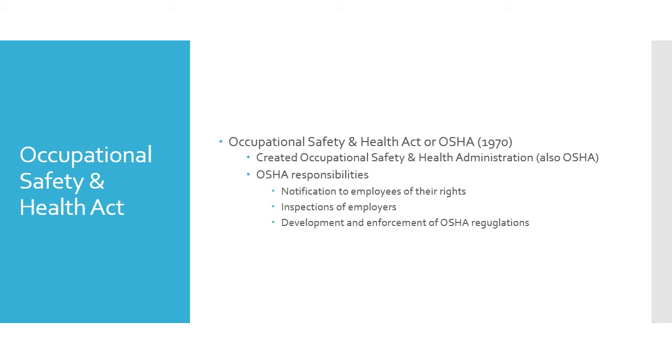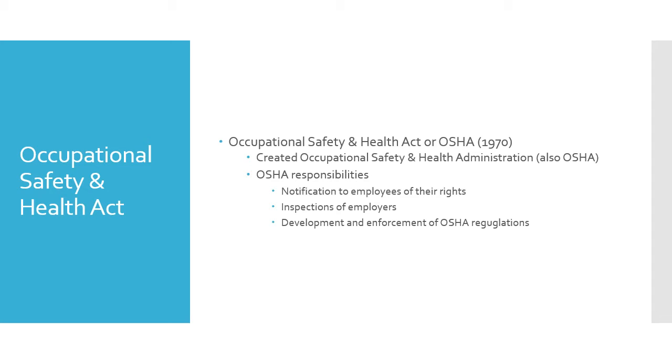Okay, so the third thing that OSHA does is development of the regulations, which I've already referred to, but also enforcement. And OSHA has their own tribunal or their own court, right?